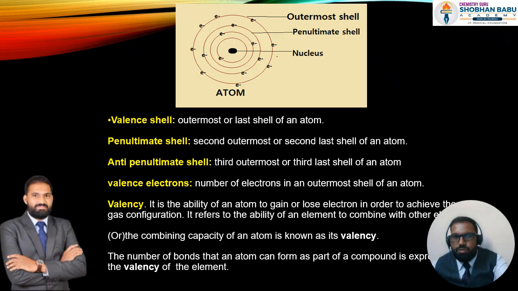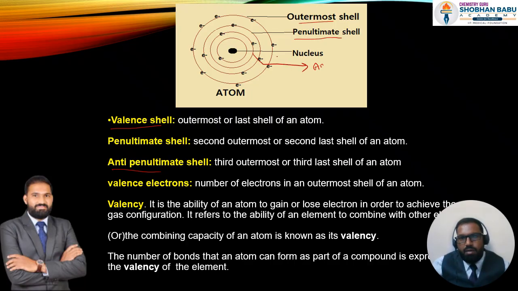In any particular atom, the last shell is called the valence shell, the second last shell is called the penultimate shell, and the third last shell, if it exists, is called the anti-penultimate shell.